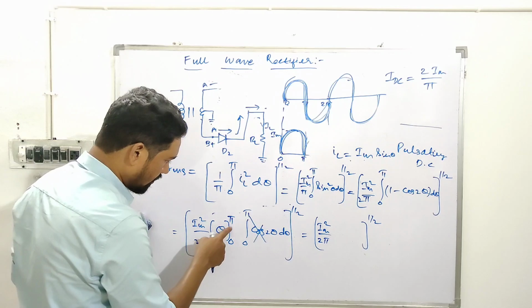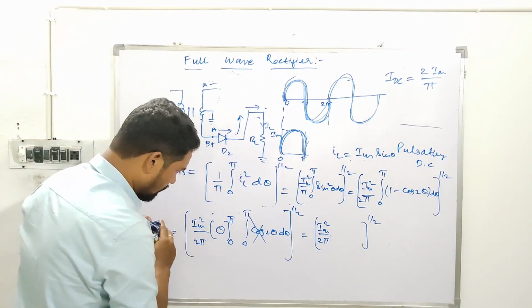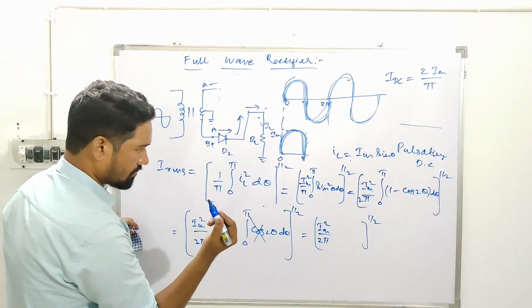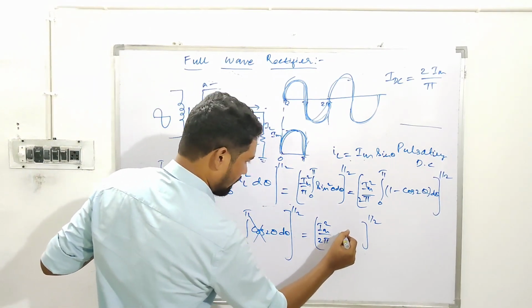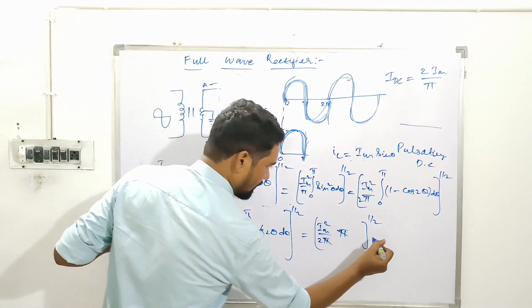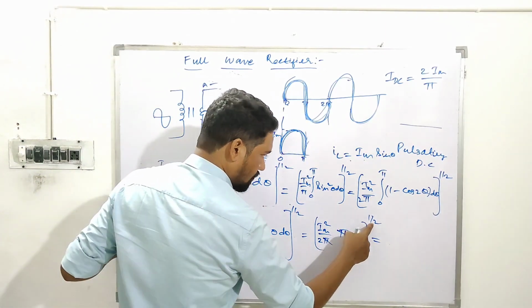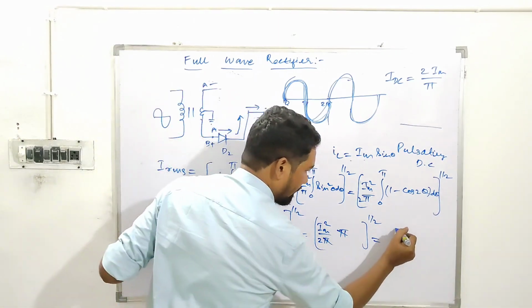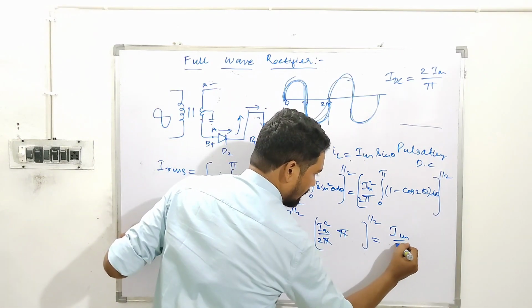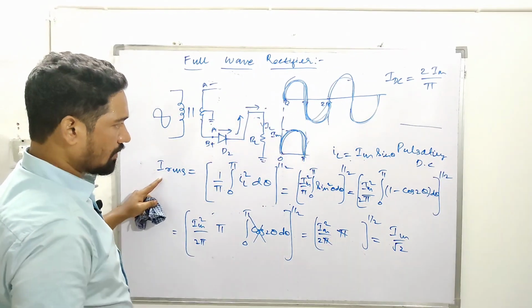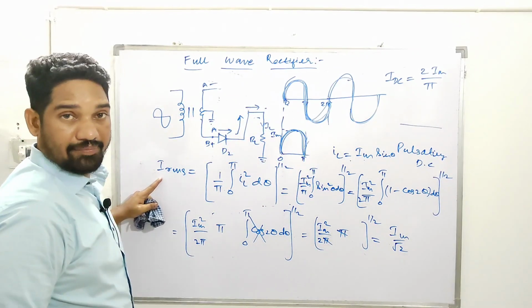Plugging in the upper limit, it is pi minus 0, so we'll have pi here. This pi and that pi get cancelled, and finally the root and square get cancelled. We'll be left with under root 2, isn't it? Im by root 2. So this gives us the value of IRMS.